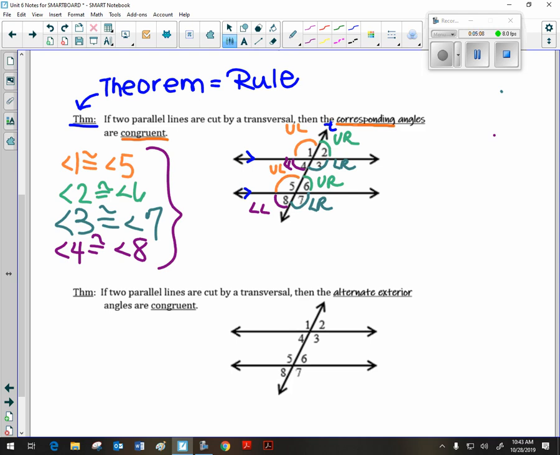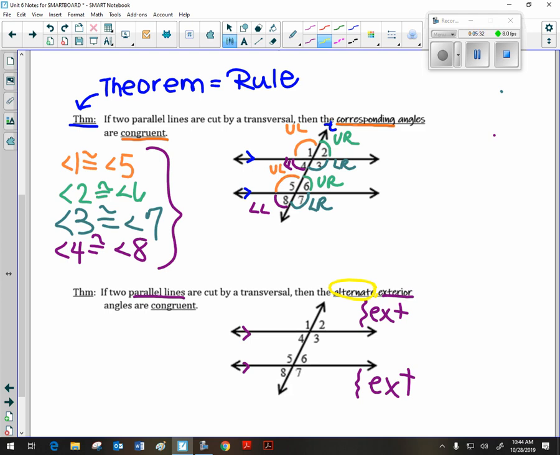Another pair of angles that we have to make sure that you're able to identify when you have parallel lines are what we call alternate exterior angles. Exterior meaning they have to fall outside of the parallel lines on alternating sides of the transversal.